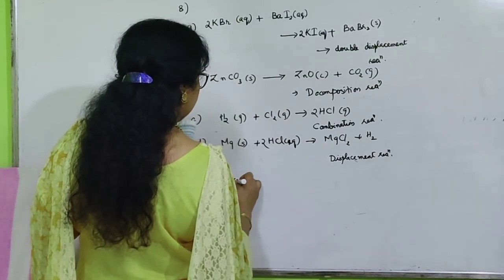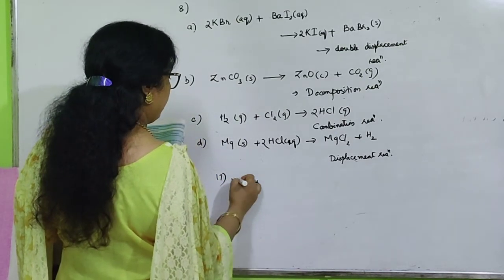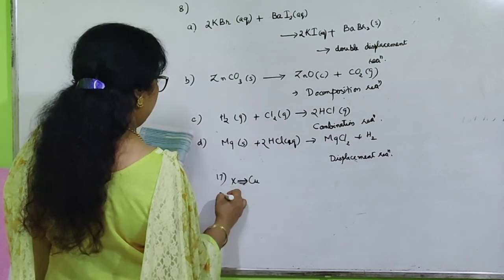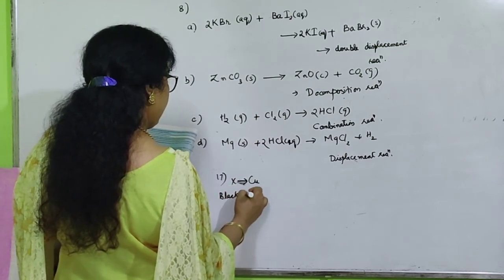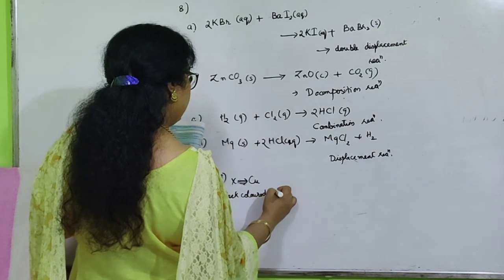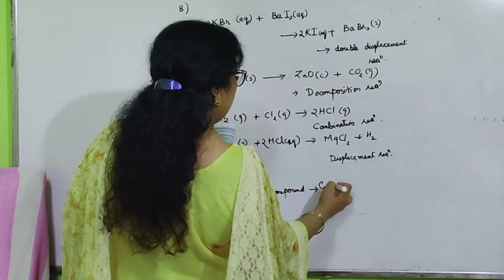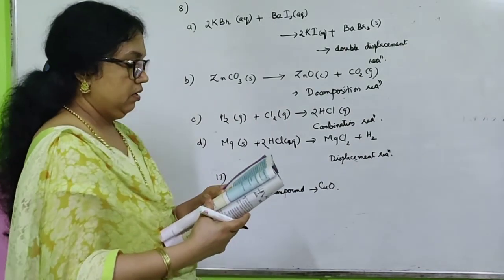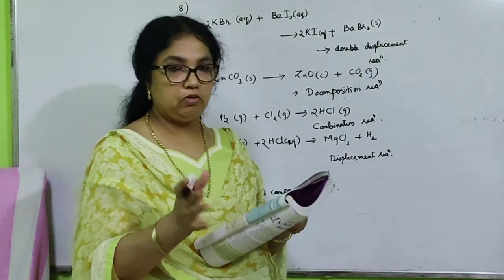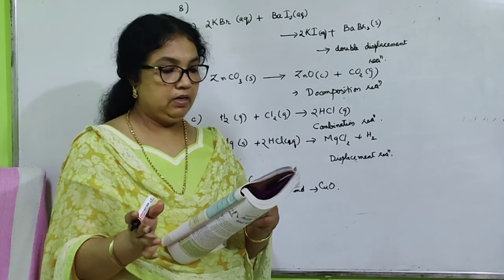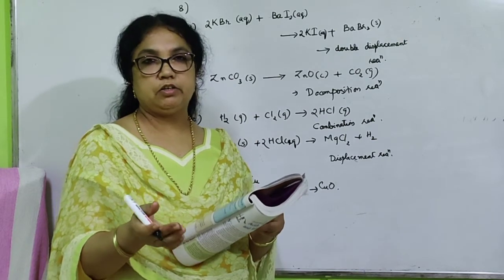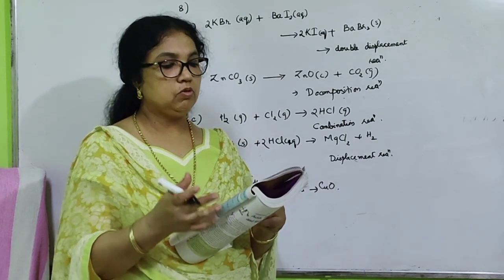So X is copper, and the black colored compound is copper oxide, CuO. Why do we apply paint, and why oil containing fat is flushed with nitrogen, I already explained.